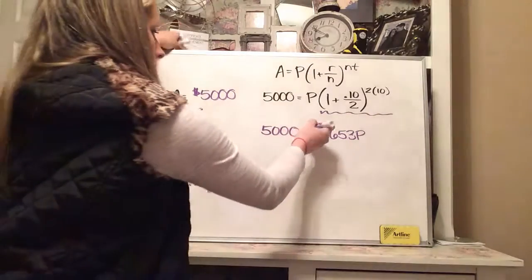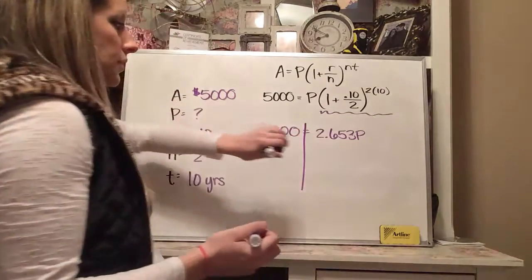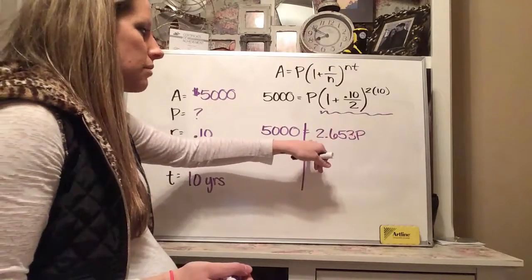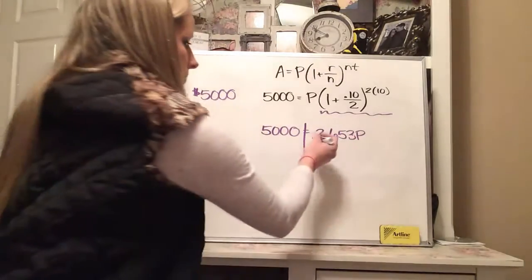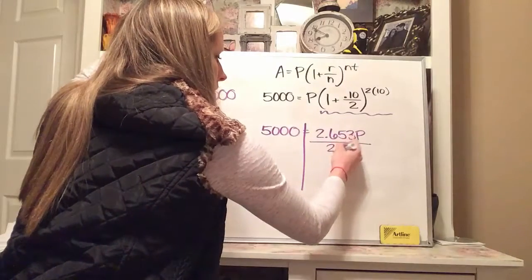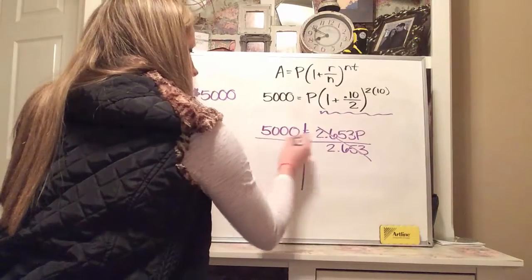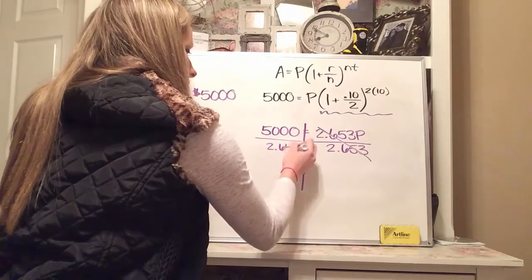So make sure you get that. Now, if I want to solve for P, the opposite of multiplying by this 2.653 is dividing by 2.653. And I'm going to do that to both sides.